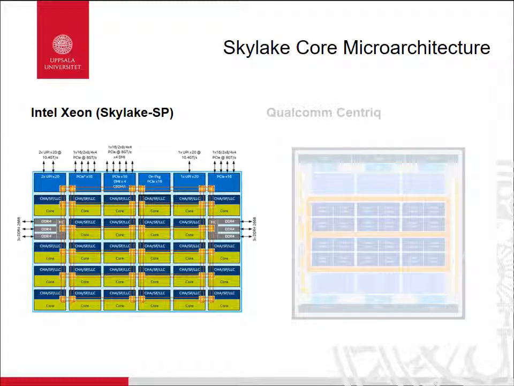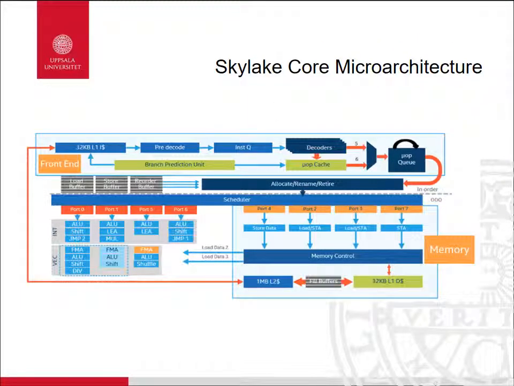Now, this is a high-level block diagram of the Intel Xeon processor. As you can see, essentially the chip is made up of tiles that repeat. These tiles contain the basic building block of the processor, and within that we find the core. For now, we'll focus on the design of the core, which in this picture is shown in a green box. If we zoom in further inside the Skylake-SP core, we find functionality that is outlined in this block diagram.